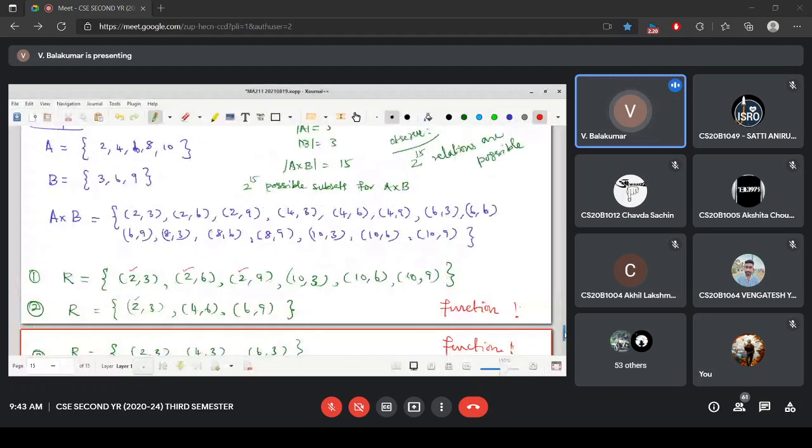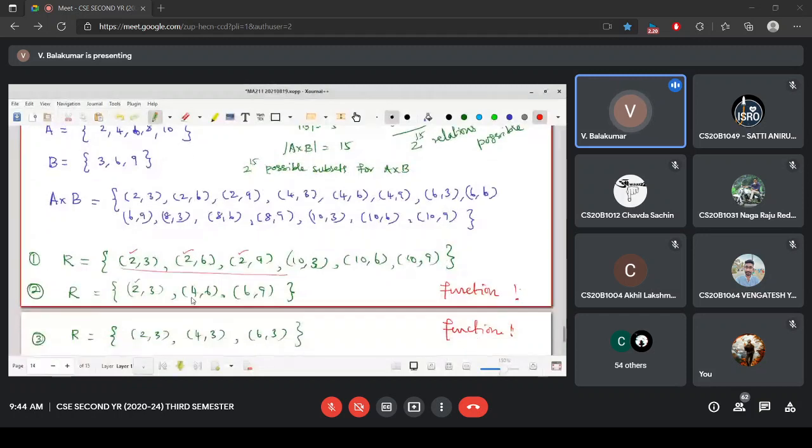This is not possible: if 2 is associated with 3 and 6 and 9. If a relation has this kind of property, 2 is associated to one element. That's all done. 4 you take, there is one output. Look at the relation, now we are calling it as output.